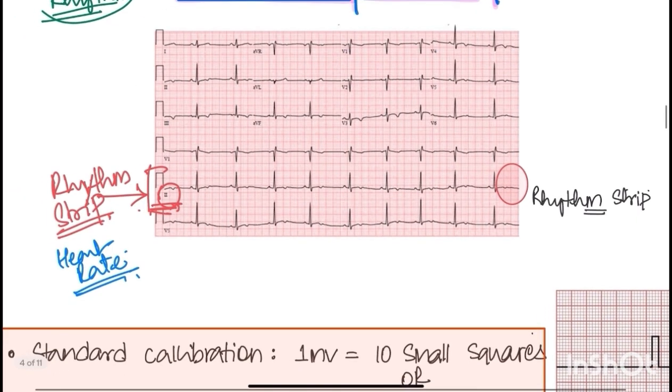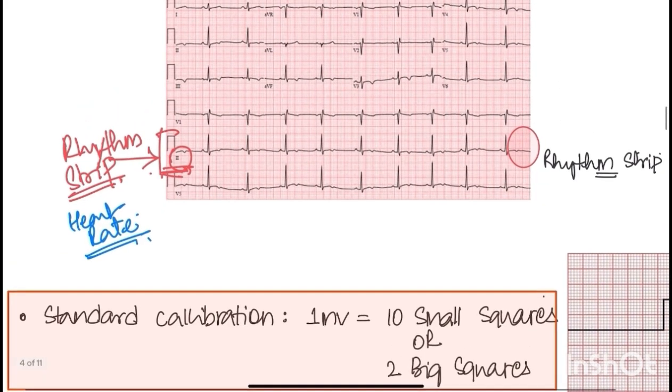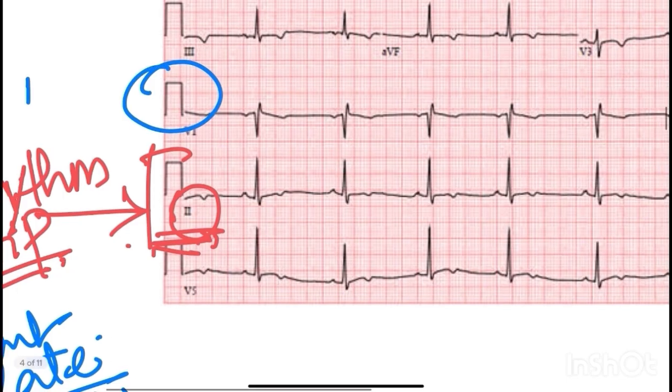Alright, so before you make any observation, just see if the ECG is calibrated or not. This is the calibration marker, and typically it should be 1 millivolt.